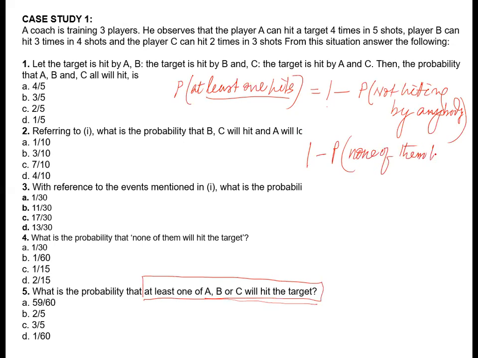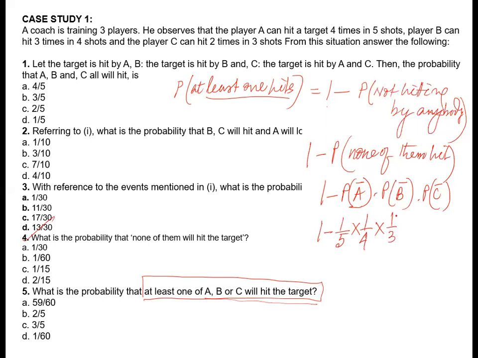None of them hit we have already calculated in part 4. So again P(not A), P(not B), P(not C). So that was how much? 1 by 5, 1 by 4, into 1 by 3. That was 1 by 60. So 1 minus 1 by 60, the answer is 59 upon 60.